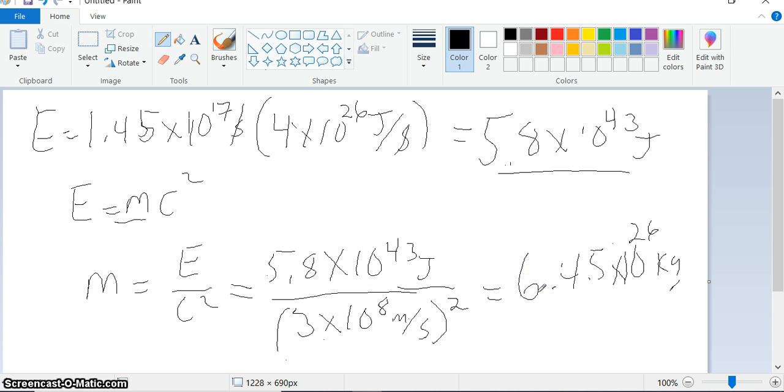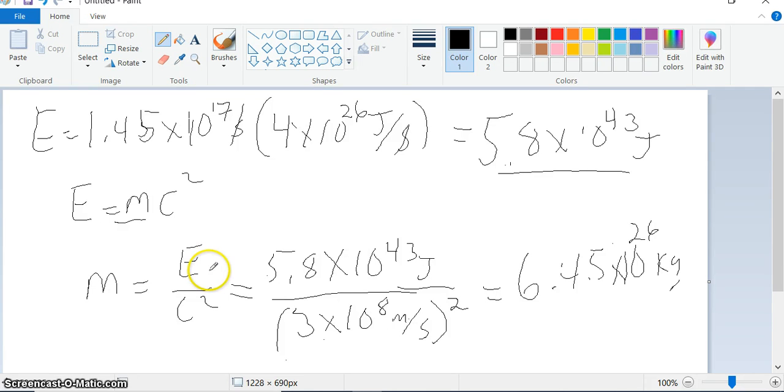And so when you do this, you get 6.45 times 10 to the 26 kilograms. And if you look it up, that's roughly the mass of Saturn. So that's a huge mass.